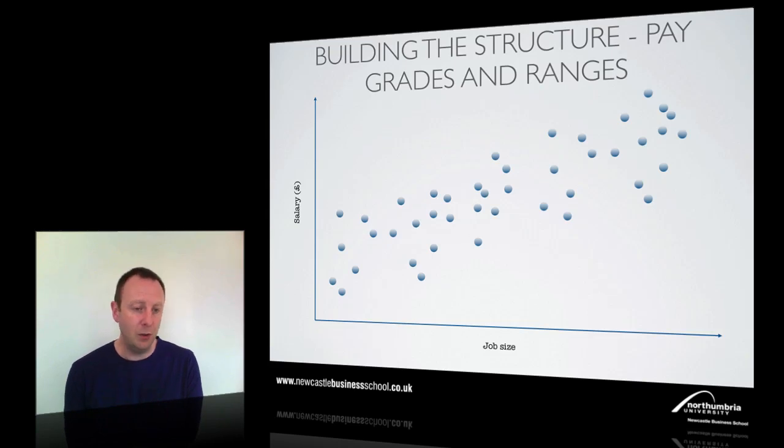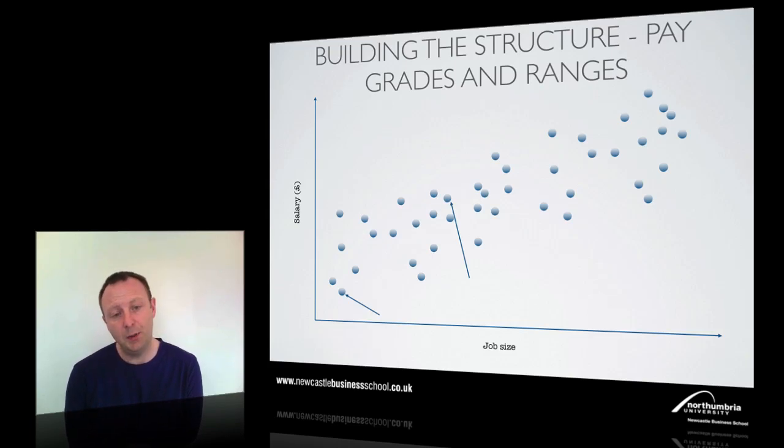And what we need to do is to find clusters of jobs that make sense to be gathered together and treated as effectively the same from the point of view of the pay system. So, for example, if we look at these two jobs here, indicated with the arrows, we can see that they're a long way apart, both in job size and in current level of salary.